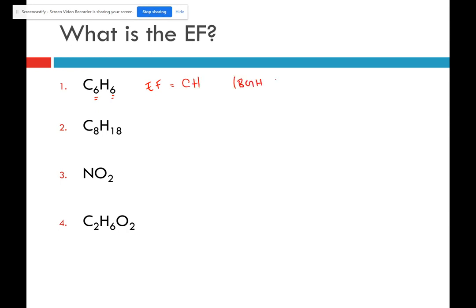Both 6 and 6 are divisible by 6. So we're going to reduce that down to 1 and 1. What that's telling me is for every 1 carbon in this molecule, there is also 1 hydrogen. That's the simplest ratio.